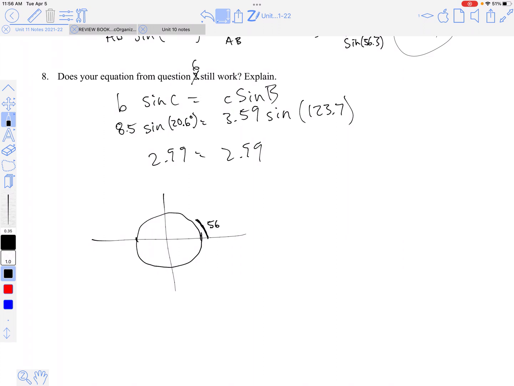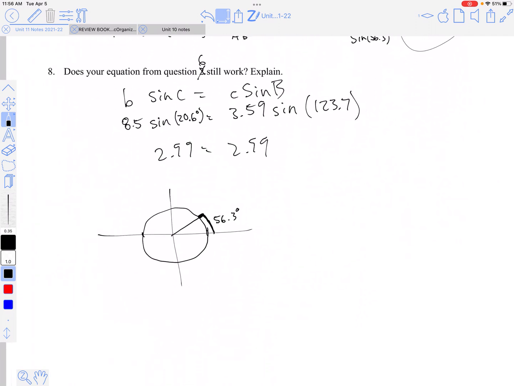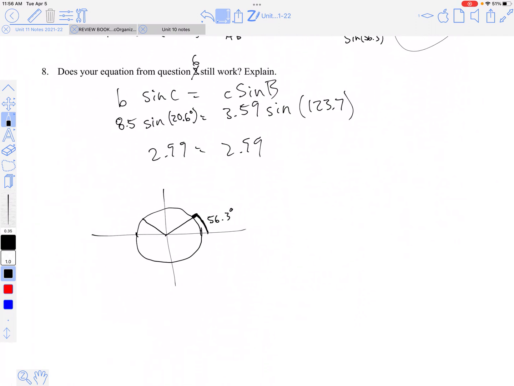If you go out to 56.3 degrees, or if you go out to 123.7 degrees, the reference angle is 56.3.